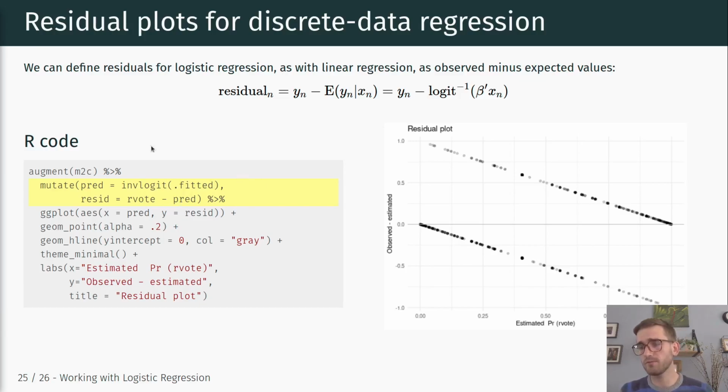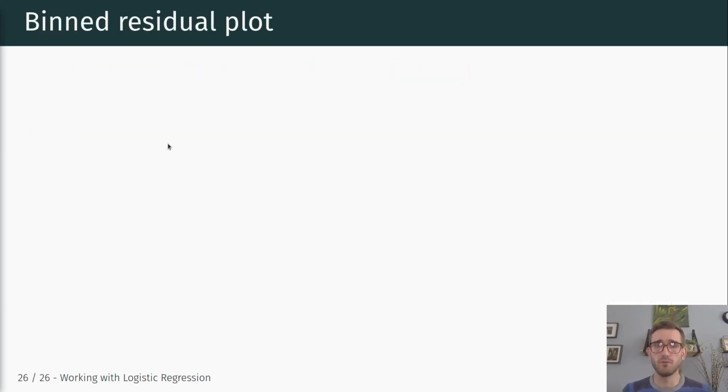So one alternative that is discussed in the textbook is to use a binned residual plot, okay? The idea behind this binned residual plot is that, rather than looking at individual residuals for individual observations, we divide the data into different bins, different categories of equal size. So we have equal numbers of observations in each bin.